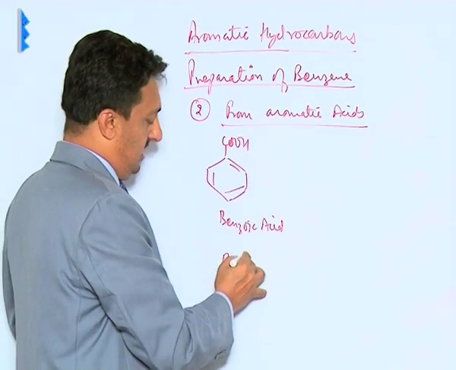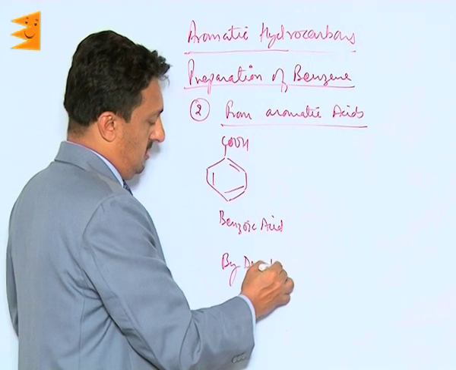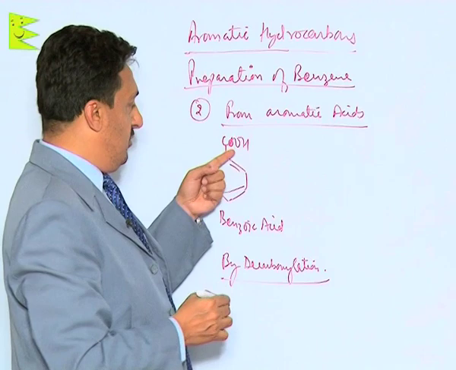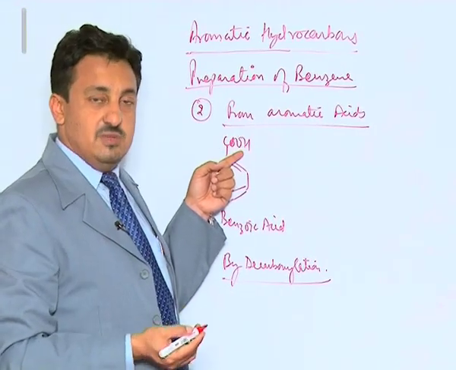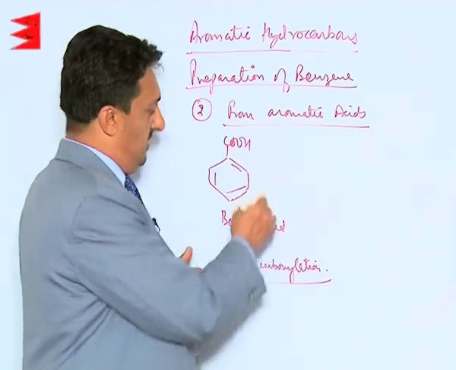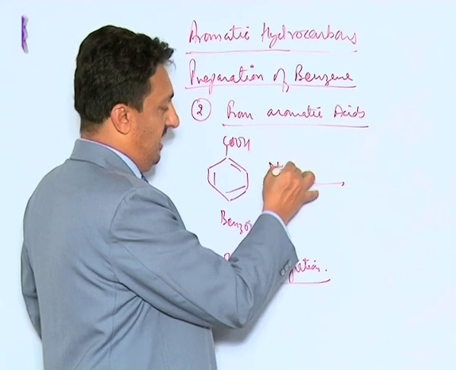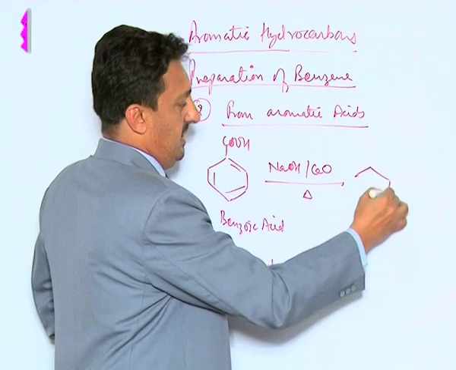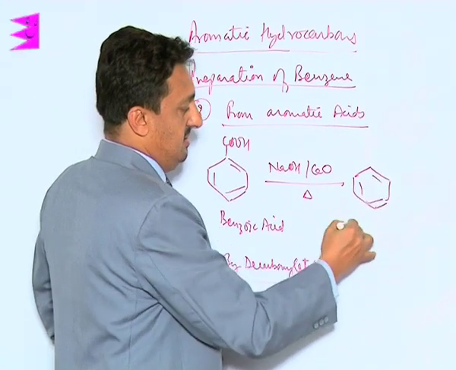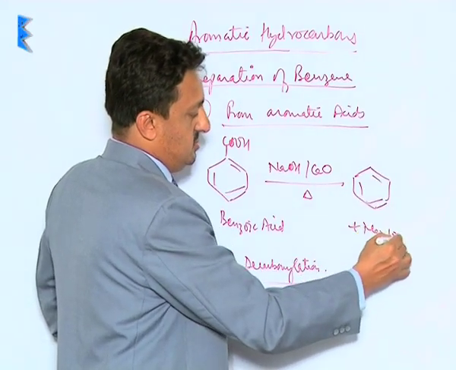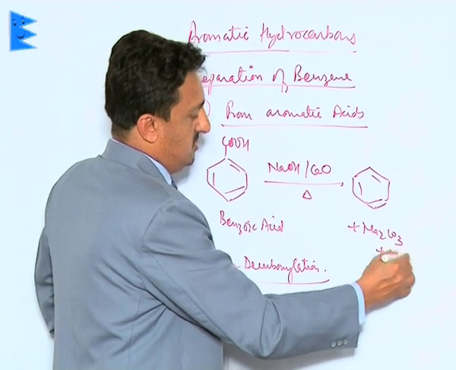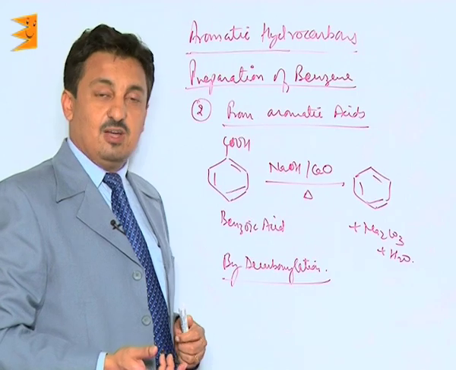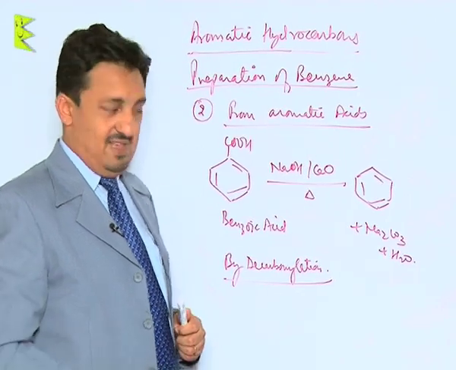We do this by decarboxylation. If we remove this COO, that means CO2, we get benzene. And we know that decarboxylation is done by heating it with soda lime. What we get is benzene plus Na2CO3 plus H2O. So it is a very easy way of preparing benzene by the decarboxylation of aromatic acids.